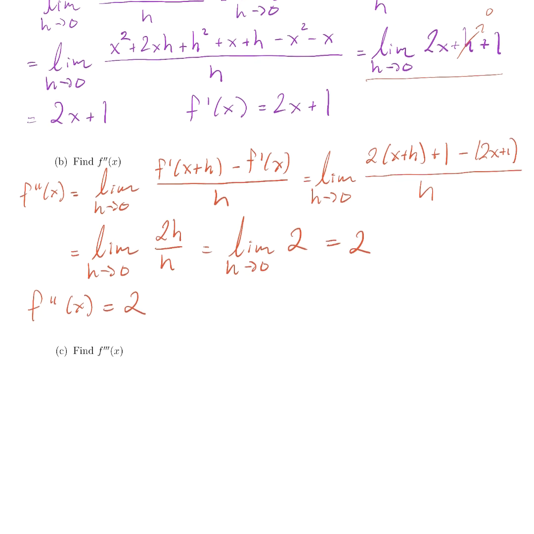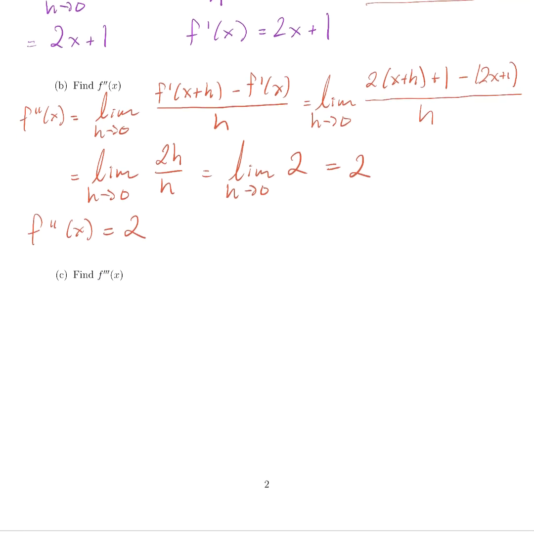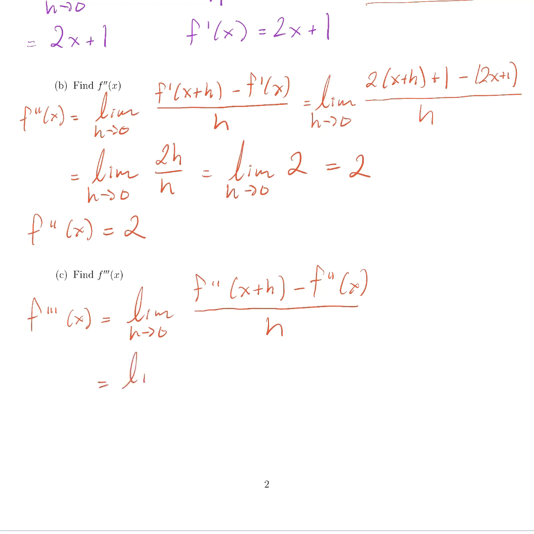Okay, well, can we do that again? Let's see. The third derivative then is the limit as h approaches 0 of the second derivative evaluated at x plus h minus the second derivative evaluated at x all divided by h. Let's see, the second derivative evaluated at x plus h. So what do we know about the second derivative?